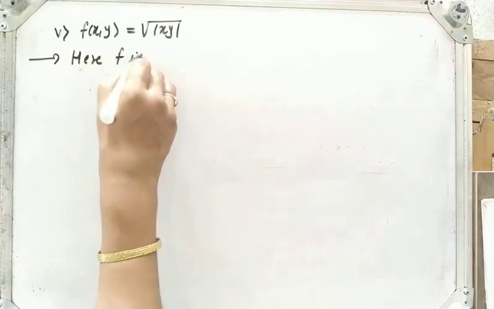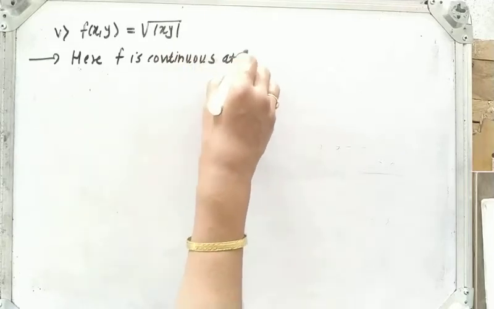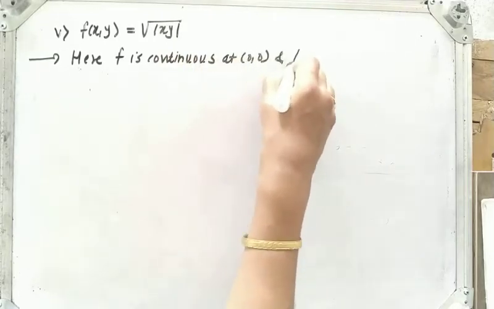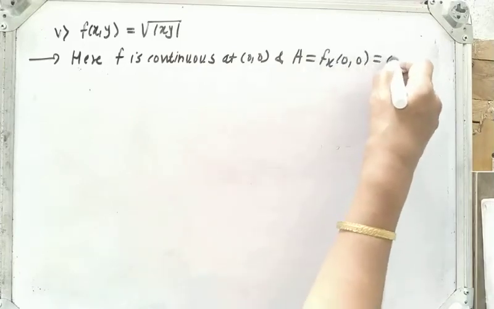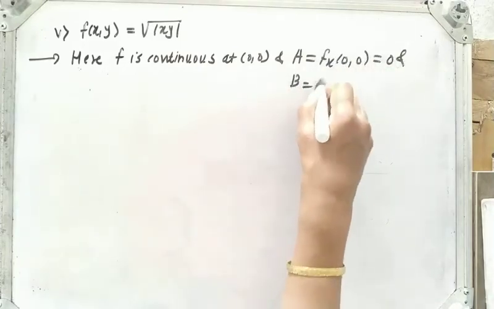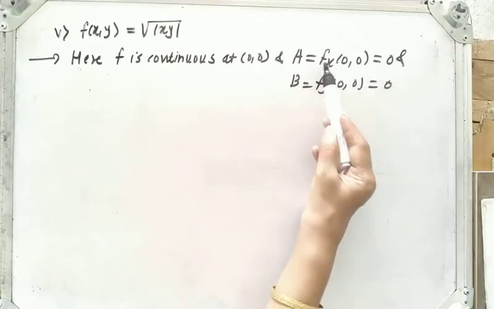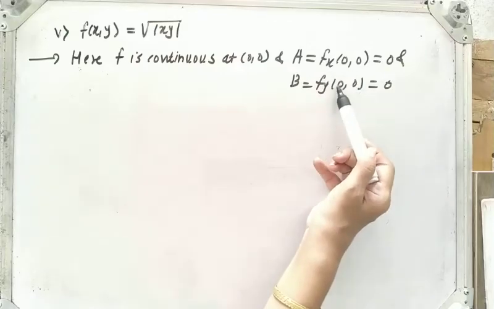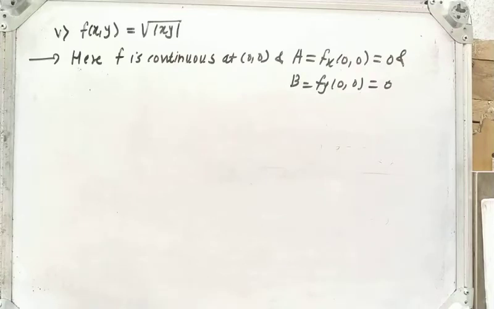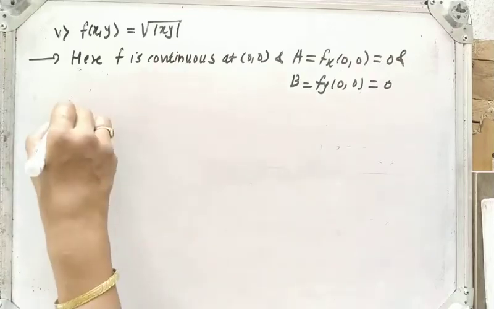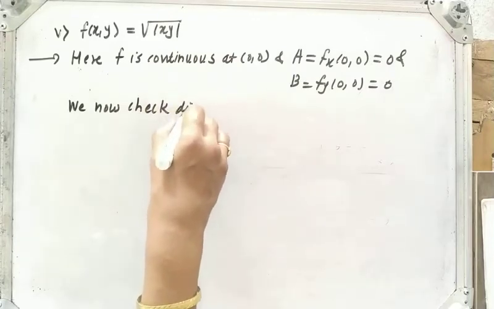So here f is continuous at (0,0), and a is equal to fx at (0,0), its value is 0, and b, that is fy at (0,0), its value is 0. You can check it, okay? We have formulas for fx at (0,0) and fy at (0,0). You can check these two values and the function is continuous. So we now check differentiability.